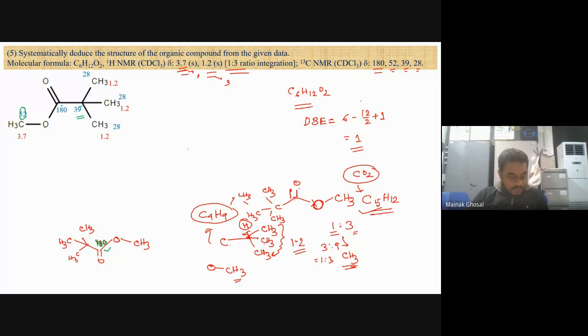Next, I'm moving to the next question. You need to systematically deduce the structure of the organic compound from the given data. This is C10H9NO2.